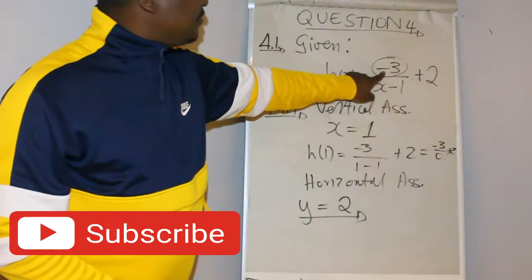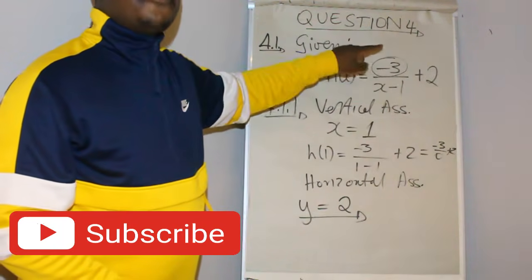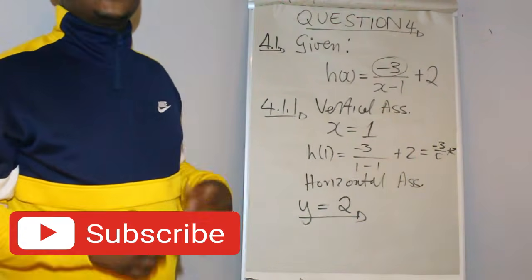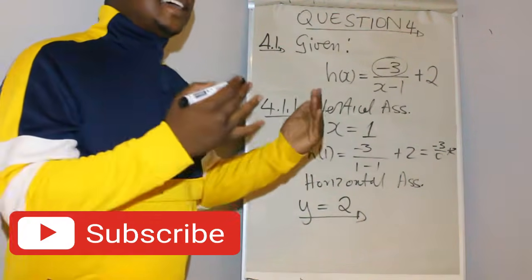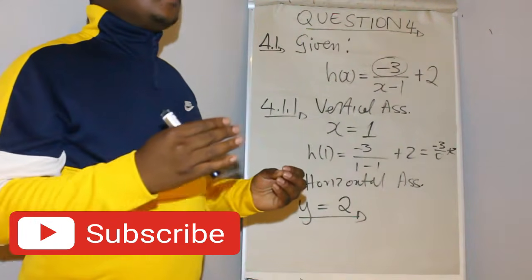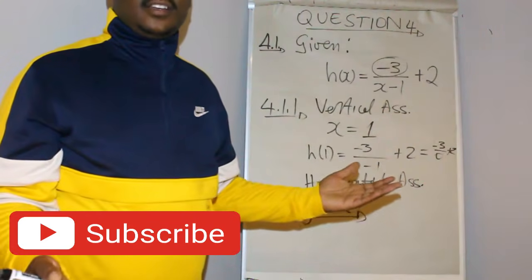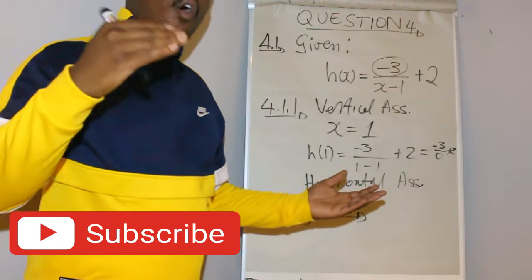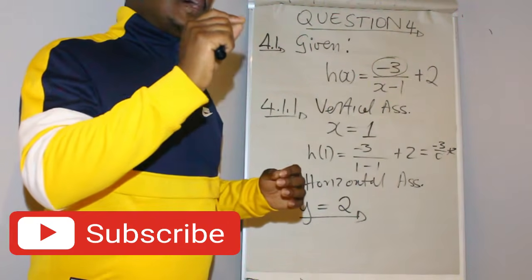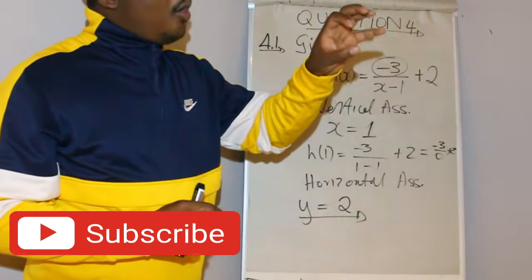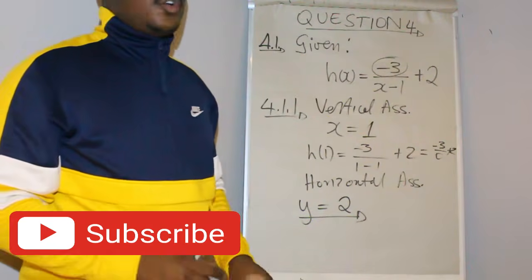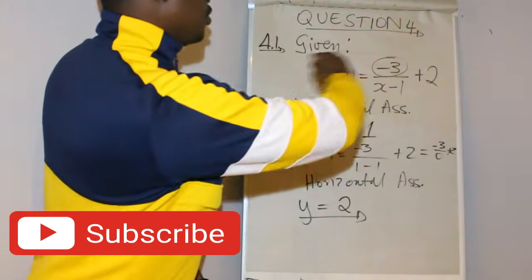So if your function is negative, then what that means is your graph will be negative. That means you must use the line that has a negative gradient, and that line does cast your function. But what you also need to know is that it passes through the point where your asymptotes meet, because you have a vertical asymptote and a horizontal asymptote.